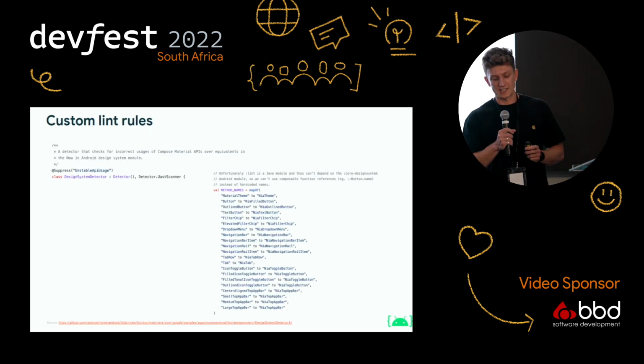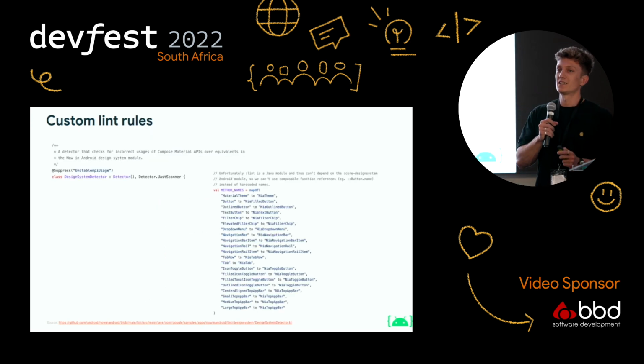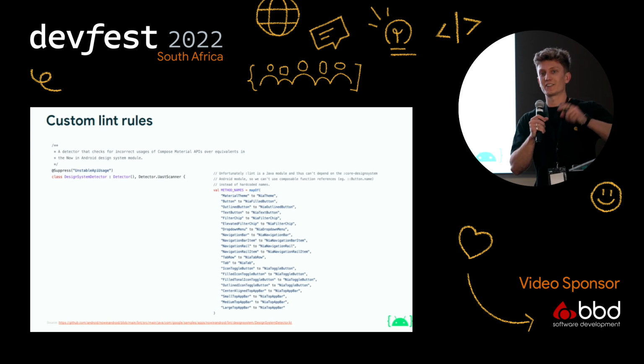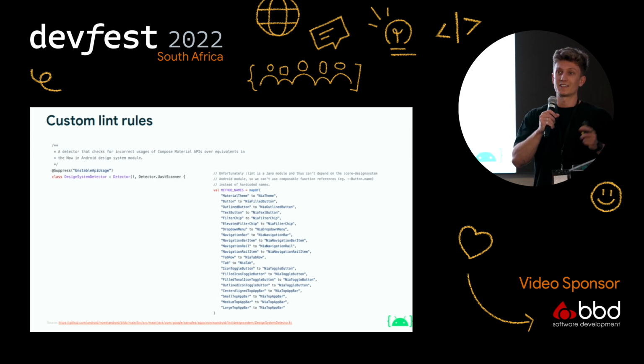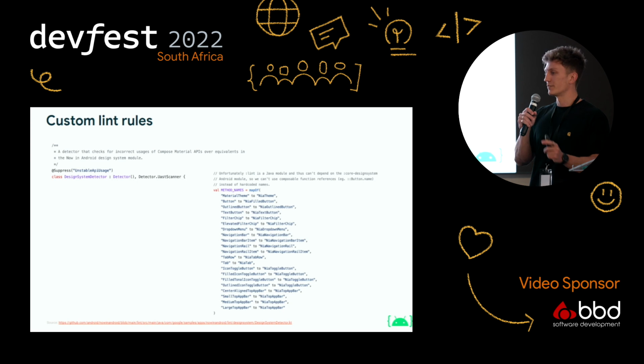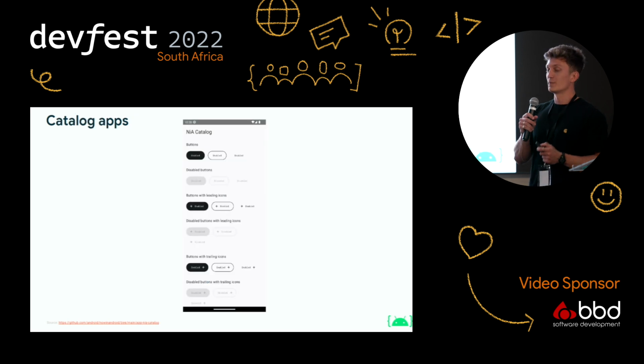This is, in a nutshell, to try and prevent people from using the material button directly instead of our NIA, Now in Android button, the wrapped component, using the same approach that I showed you earlier, all over the app. I mean, people were doing that basically. They weren't aware that the wrapped component was available, so they ended up accidentally using some of the material components directly.